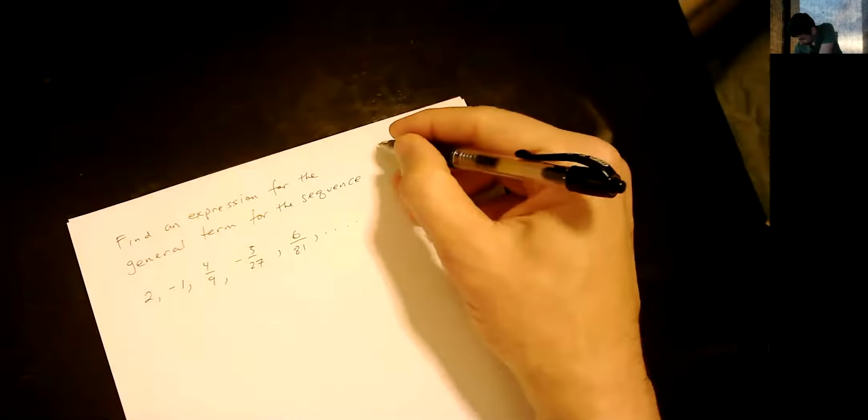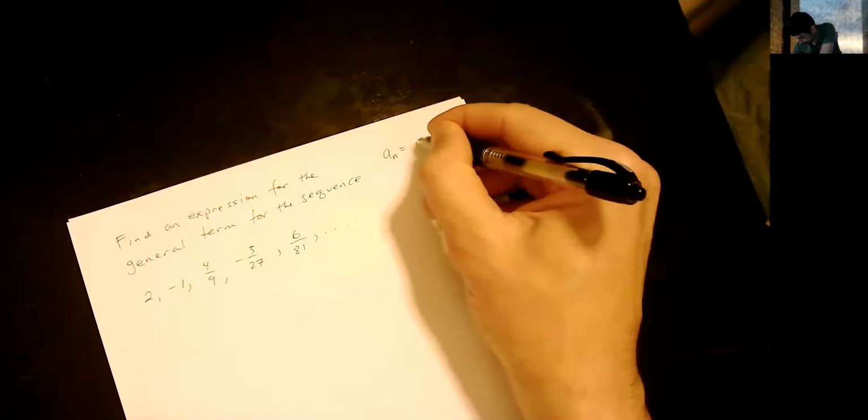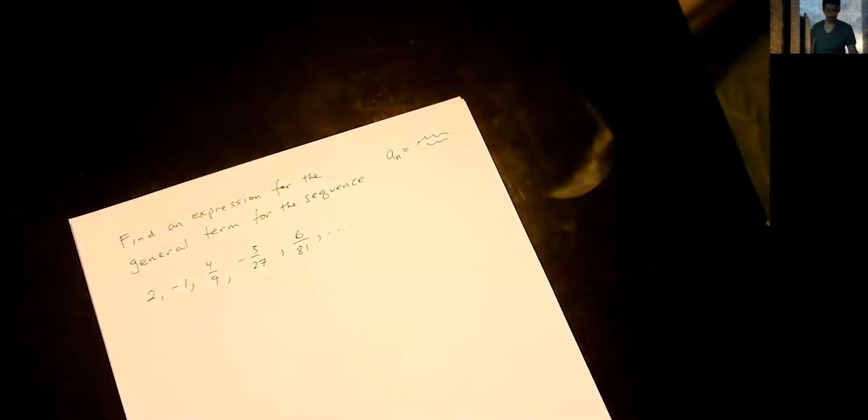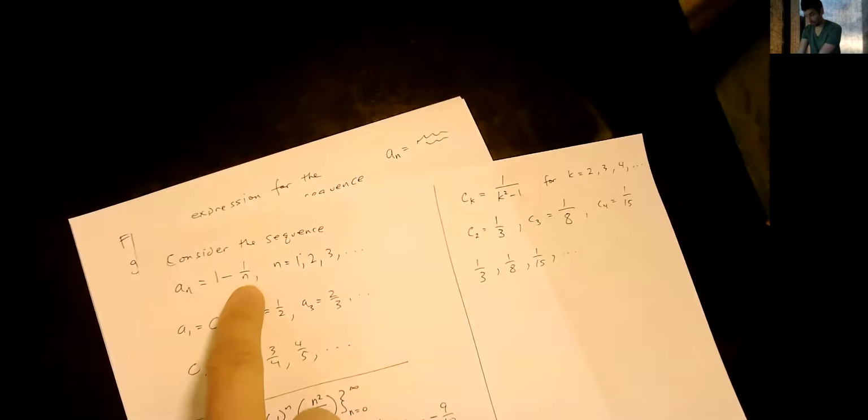Okay. So the general term means I want to be able to write something like, so this is just me thinking ahead, in the end, I should be able to write something like a sub n equals, and then there's an expression over here. Something like C sub k equals this, or a sub n equals 1 minus 1 over n, whose formula combined with the domain, the values of n, will give me this sequence.